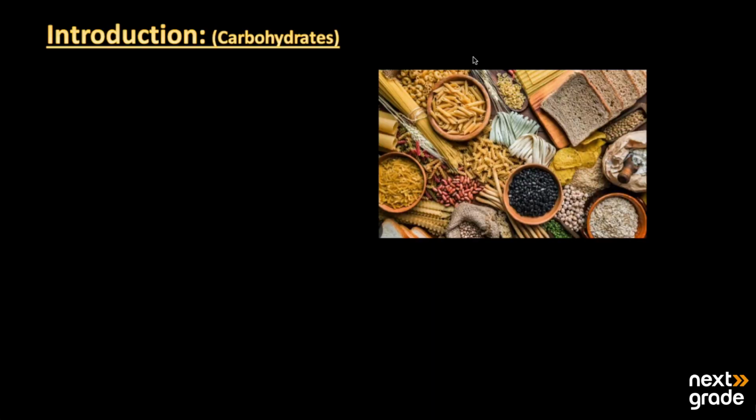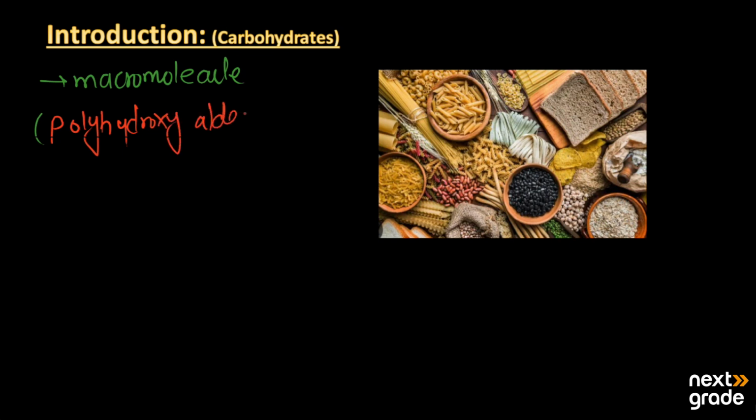So the topic we will discuss today is the first member of the macromolecules, which is known as the carbohydrates. The simple carbohydrates are mainly macromolecules, and these macromolecules can be defined as polyhydroxyaldehydes or polyhydroxyketones.